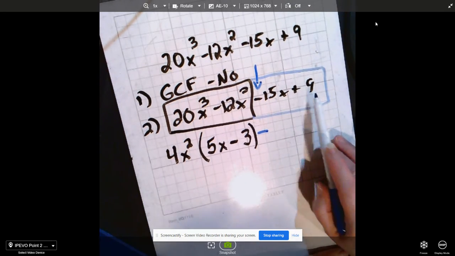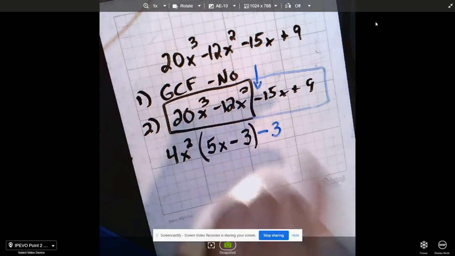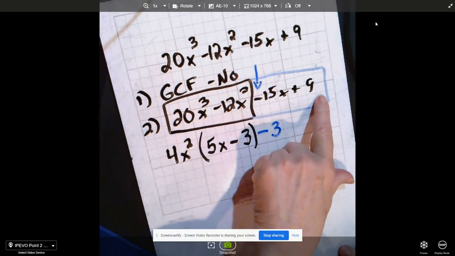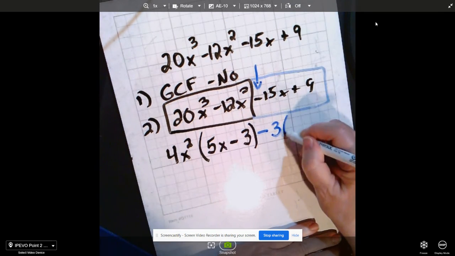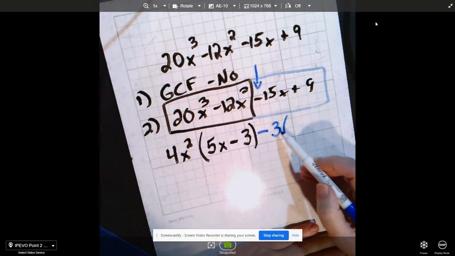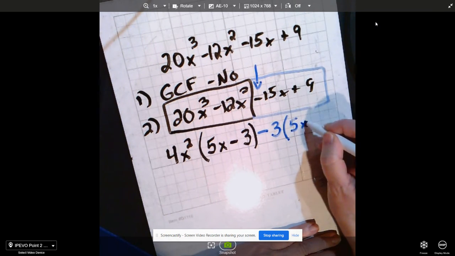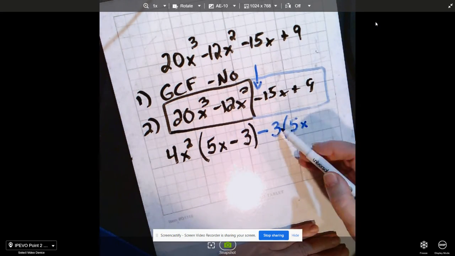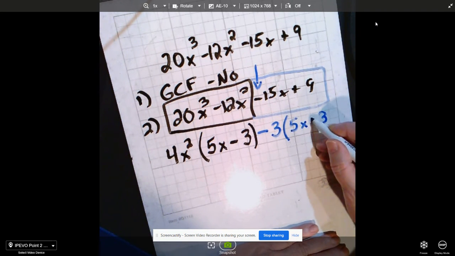Well, I could take a 3 out of those. And then this has an x and this doesn't have an x, so I can't take an x out. Well, 15 divided by 3 will give me a 5, and then I still have that x there. 9 divided by 3 will give me a 3.